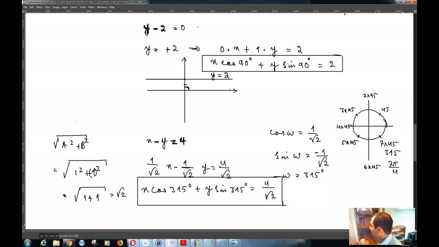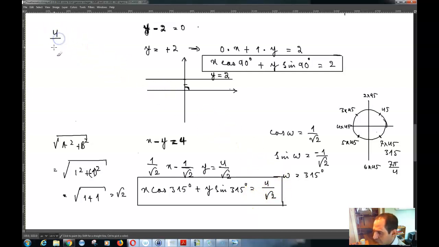So number 3, part 3 is x times cos of 315 degrees plus y times sine of 315 degrees, and they have written it as 2 times square root of 2.